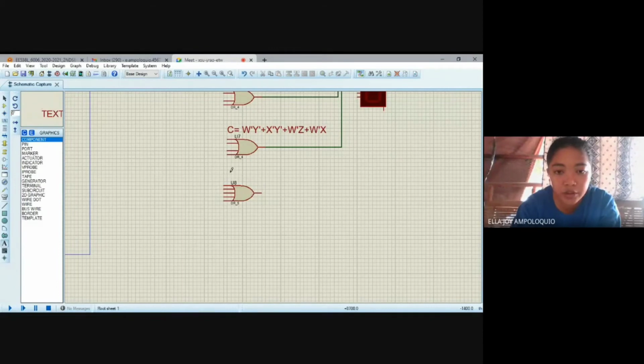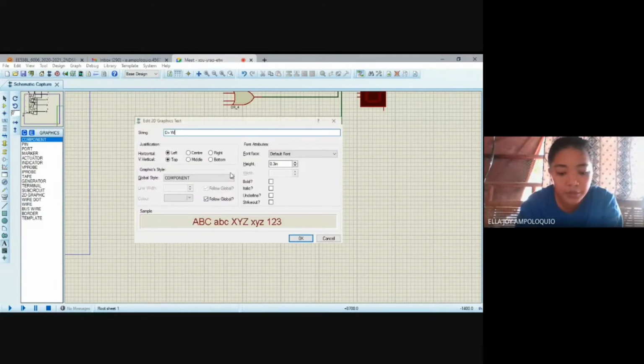So let's put the fourth equation here. D is equal to W prime X Y prime Z plus X prime Y prime Z prime plus W prime X prime Y plus W prime Y Z prime plus W X prime Y prime.